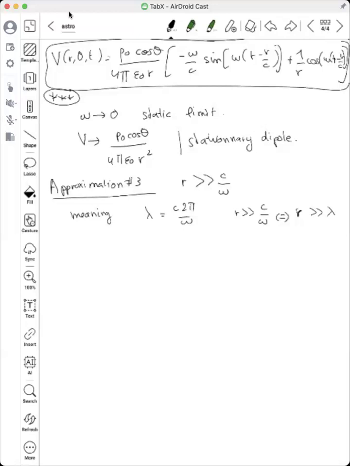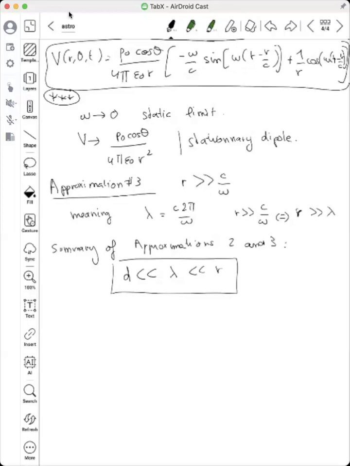So with approximations 2 and 3, I'm actually assuming that D, the size of my dipole, is much smaller than the radiated wavelength, which itself is much smaller than the dimensions on which I'm basically phrasing my problem. I'm looking at the value of the potential at a much larger distance than the wavelengths of visible light.